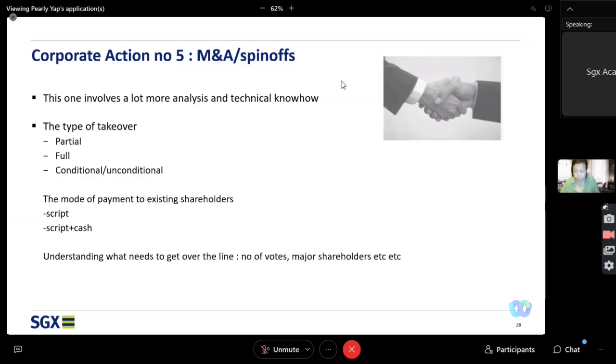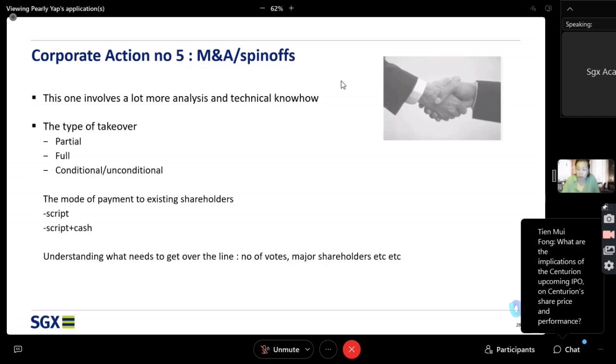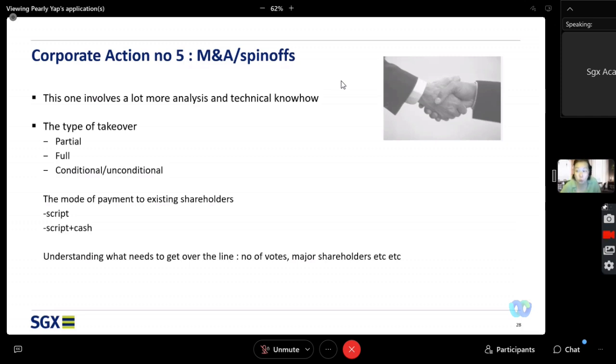Often, in these cases of M&A or spin-offs, the major shareholders involved in the deal, like the insiders, the management, or the sponsor, anyone that is a very big shareholder inside, may not be able to vote. Only the independent shareholders like you and me will vote, so they need a majority vote of the independent shareholders.